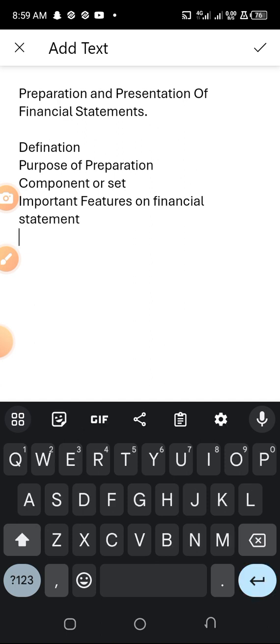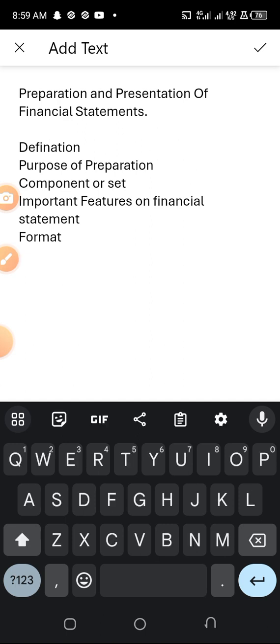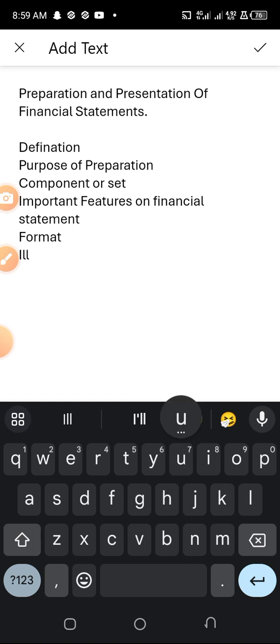And then we also look at the formats, the expected formats in which you must present each of these components of financial statements. I believe with the format, it will be much more helpful for you to know what is expected of you. And then lastly, we look at some illustrations from a simple example.